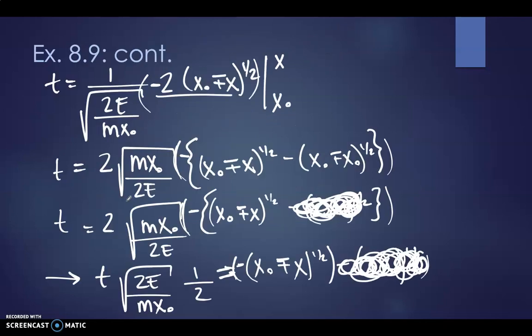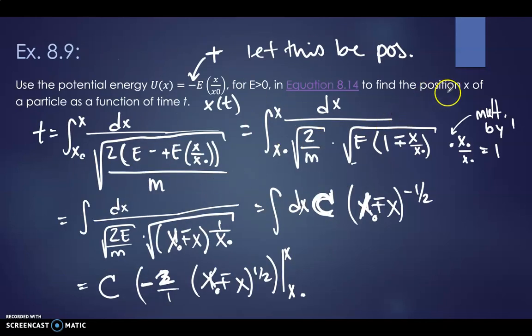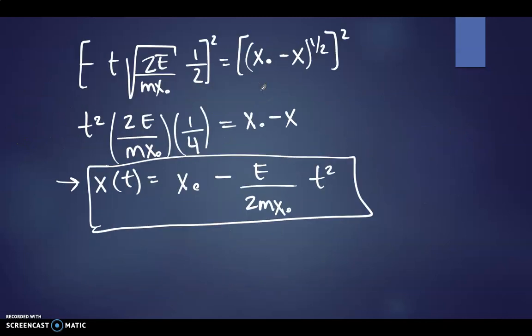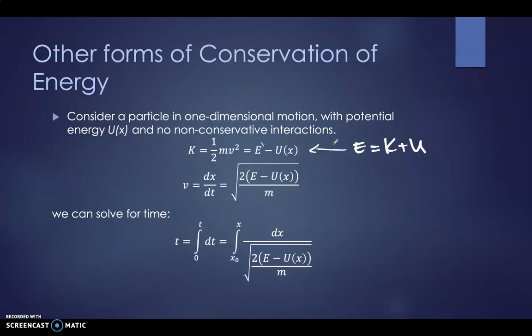And I believe that is what we're looking for, position as a function of time. Yep. Okay, so that made it a lot easier. I do think maybe there was a typo in the problem itself, because this equation is correct.